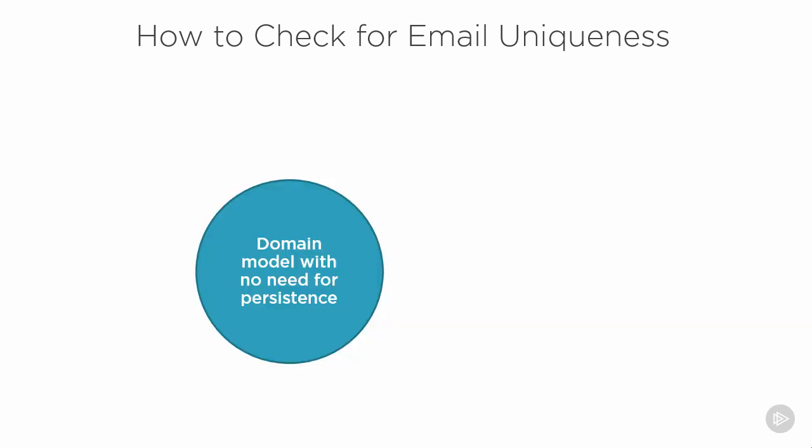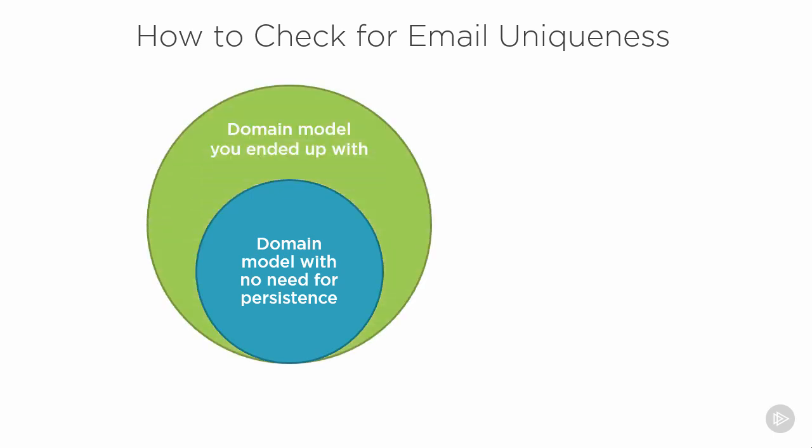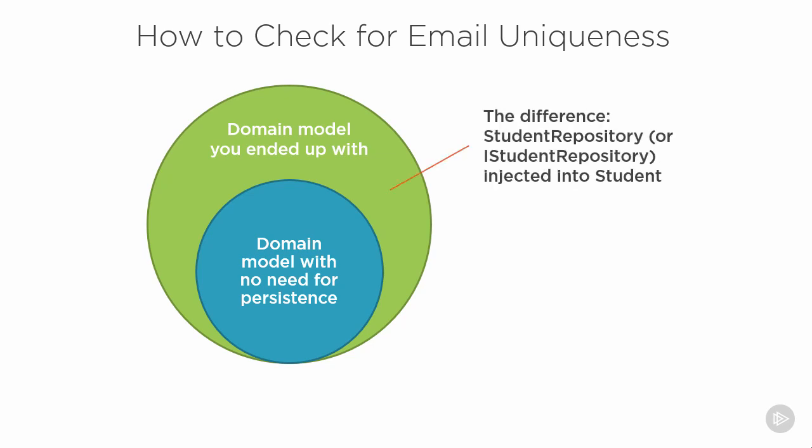Think of it this way. To see how pure your domain model is, you need to imagine how you would design it if you didn't have to persist any data to the database, and all you had to do is keep that data in the application memory. Then you need to compare this design to what you ended up with in your project. The difference would be the dent in domain model purity.